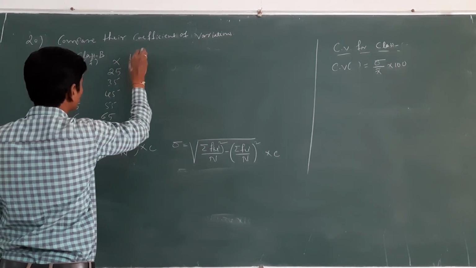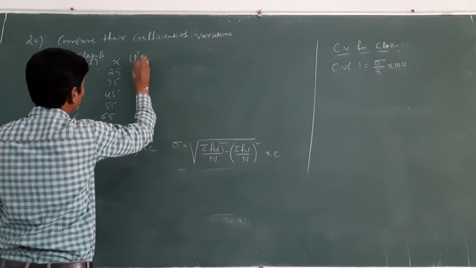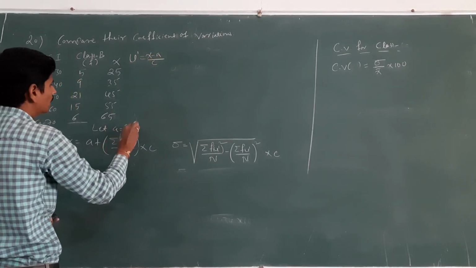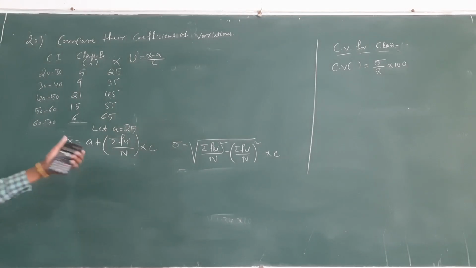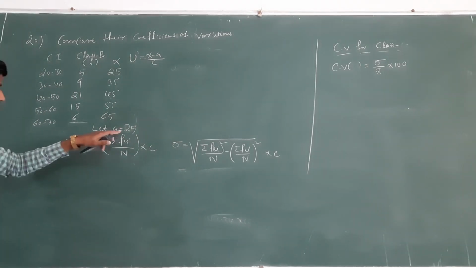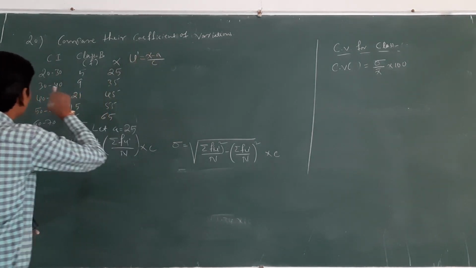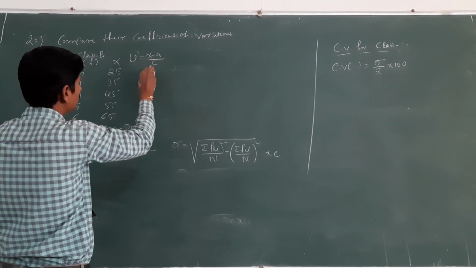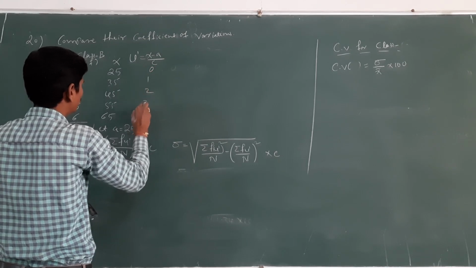So same here, u dash equal to x minus a by c. Take a is also same, you have to take 25. Nothing will change. A equal to 25 and width is 10. 25 minus 25 is 0, then 1, 2, 3, 4.